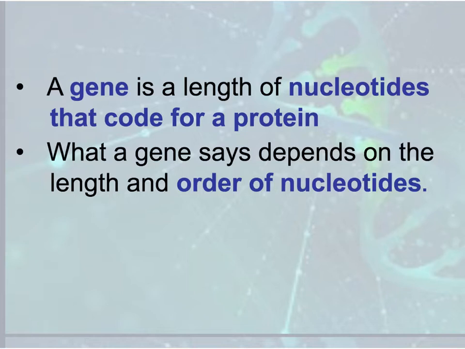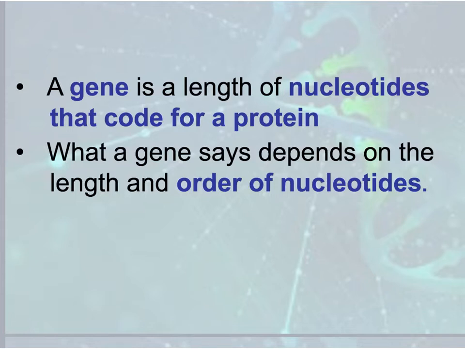So for a recap, DNA is a double-stranded polymer that's found in the nucleus that has on it the coded information for the proteins that are made in a cell. A gene is a length of DNA, or a length of these nucleotides, that actually has the code for the protein to be made. If you remember, proteins are made of amino acids.